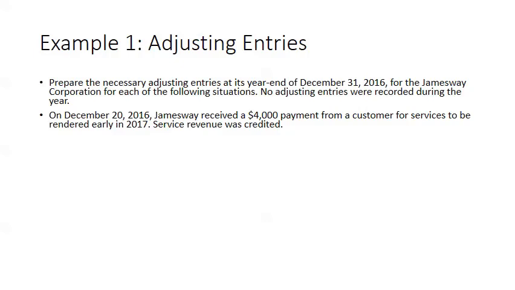So in essence, that's almost like a correction of an error, because if you record it as a service revenue, it's not really a service revenue. It's unearned revenue because you haven't earned it yet. So therefore, we have to debit service revenue to get it off of the books and credit deferred or unearned service revenue to recognize the fact that we haven't earned that revenue.